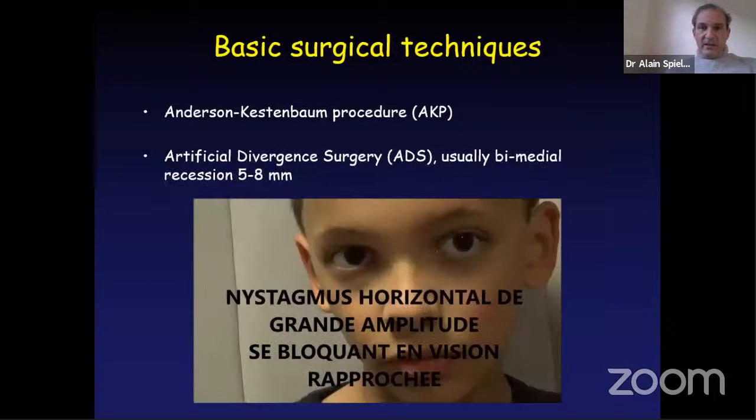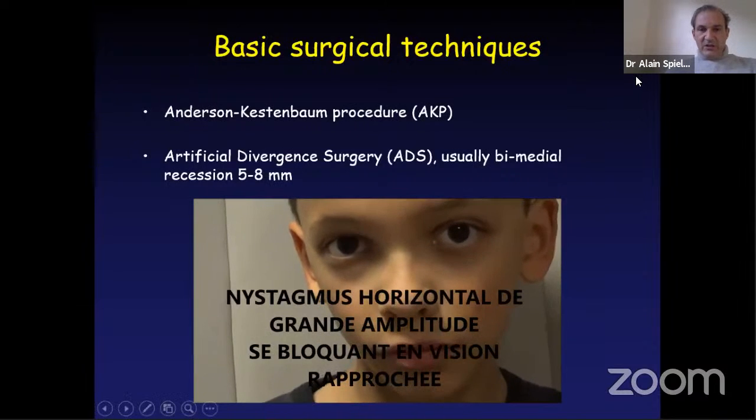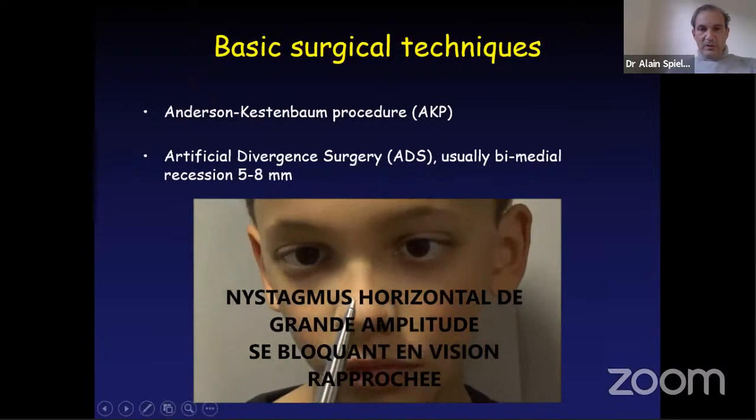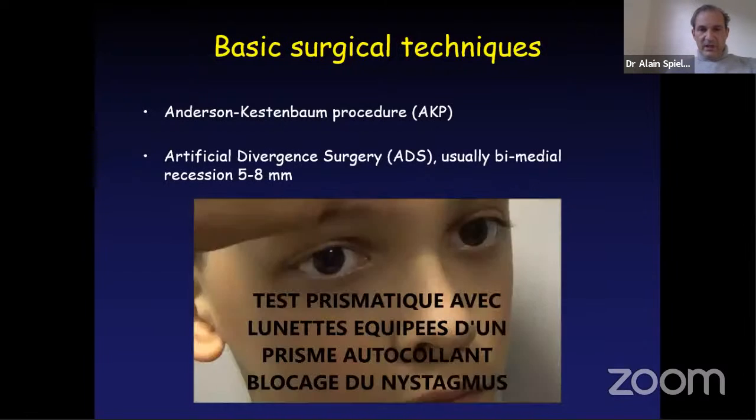The other basic technique is artificial divergent surgery, which is often called bimedial recession, BMR, in the United States. Usually the recession is less, that is a recession from 5 to 8 millimeters. And I will show an example of the indication. This is a boy with nystagmus with blocking convergence.